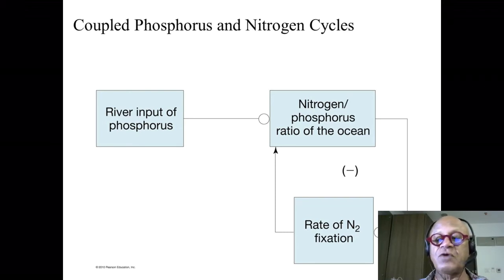You can think of it that way. And if the rate of nitrogen fixation goes up, then obviously nitrogen goes up, so the nitrogen to phosphorus ratio goes up. So there is a negative feedback loop in the ocean. This is an external coupling, so we have to worry about what happens in the ocean. So there is a stabilizing feedback between nitrogen and phosphorus.